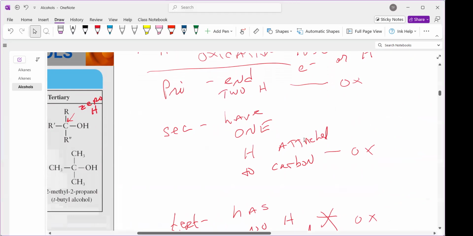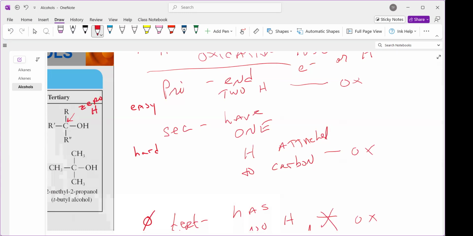This has to do with oxidation properties of the alcohols. Primary alcohols are the easiest. Secondary are hard. Tertiary don't oxidize at all.